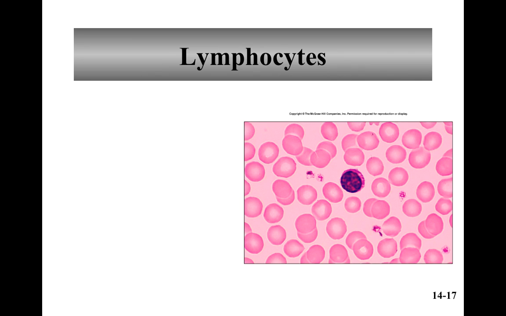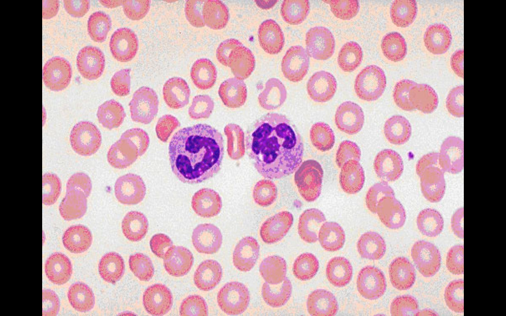Lymphocytes, these are T cells and B cells. Remember, these are about the size of a red blood cell, and their nucleus takes up almost the entire cell, so you have this really thin rim of cytoplasm. These make up 1/4 to 1/3 of all of our leukocytes. We'll talk more specifically about those in a second.